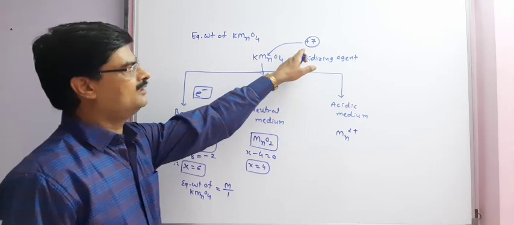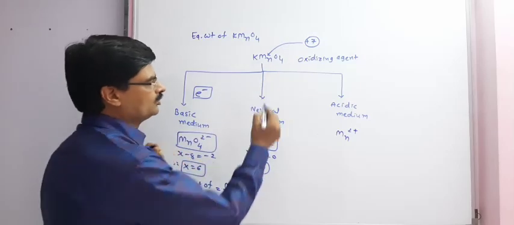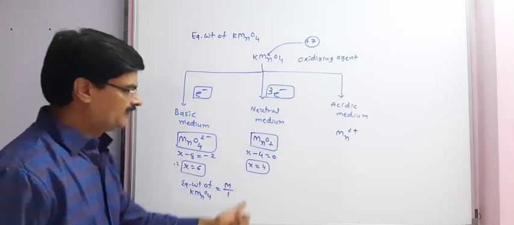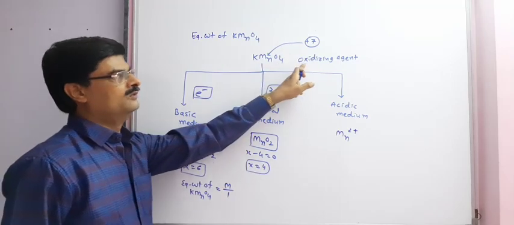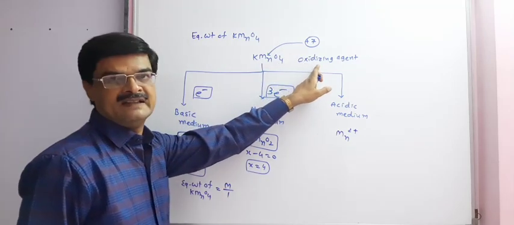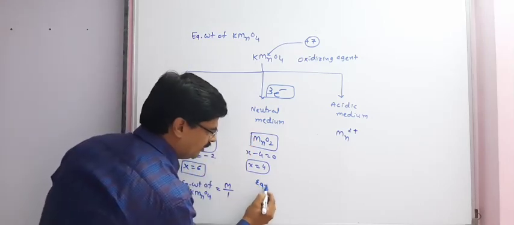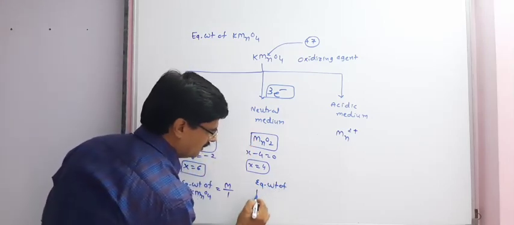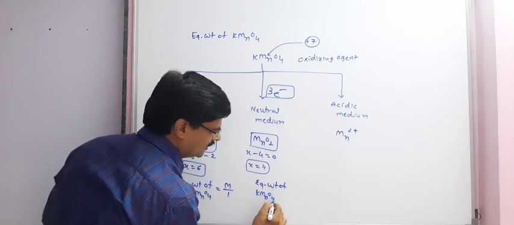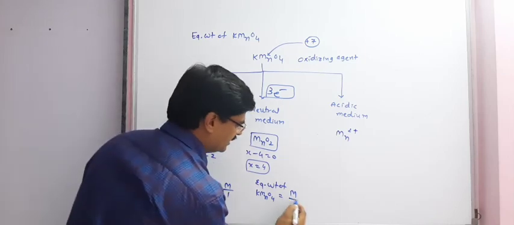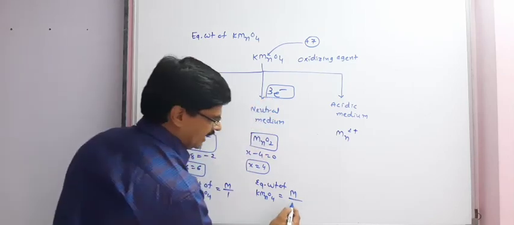So number of transfer of electrons, 7 and 4, we have only 3 electrons. Therefore, KMnO4, when it behaves as oxidizing agent in neutral medium, equivalent weight can be found out by dividing molecular weight by 3, n factor 3.